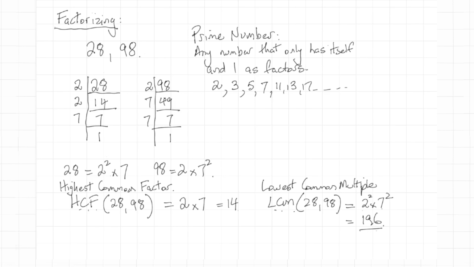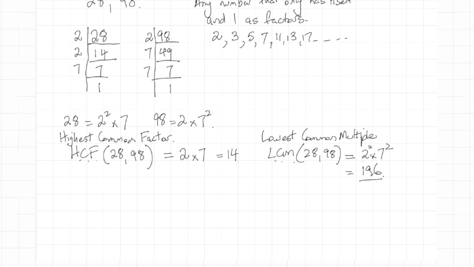How do we use the highest common factor and the lowest common multiple? If we had, say, 28 over 98 as a fraction and you were trying to cancel it down, you'd be looking for the largest number that goes in, and that's the highest common factor.